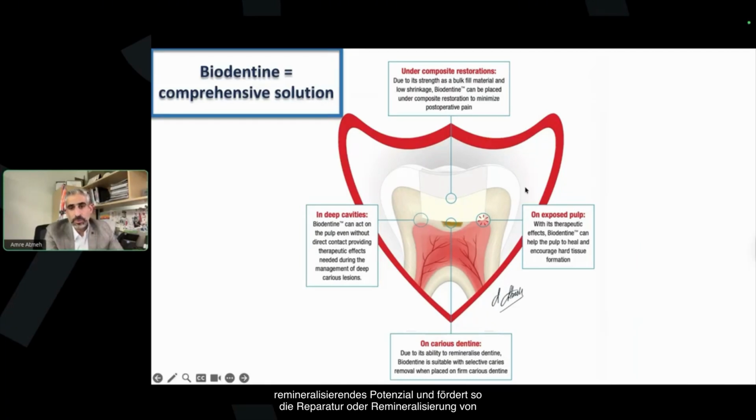On the contrary, if a pulp exposure happened, then you can place it safely, because it is bioactive. It is a pulp-friendly calcium silicate material, which will encourage the pulp to heal and give it the chance to survive. So whether it's direct or indirect, it's still acting.